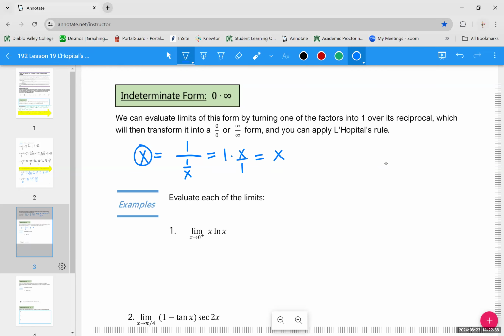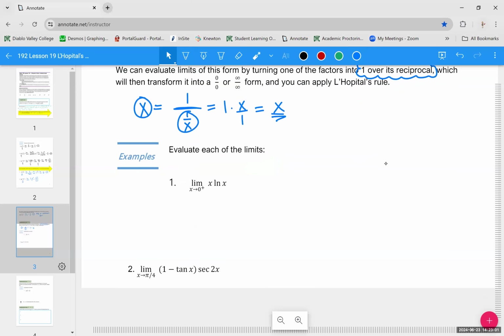So we took this, we put its reciprocal in the denominator, and that's still the same thing. So we're going to choose one of the two functions to move its reciprocal to the denominator, and then we will have 0 over 0 or infinity over infinity, and we can apply the rule. Okay. So let's take a couple of examples here.